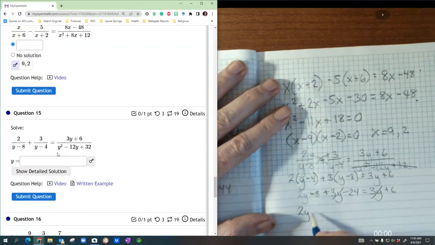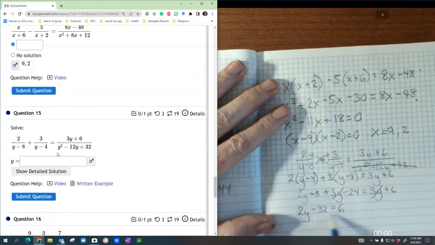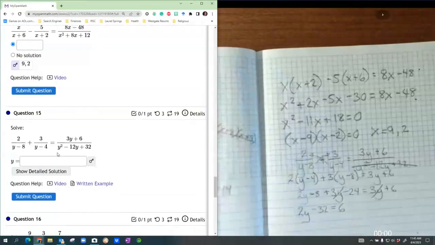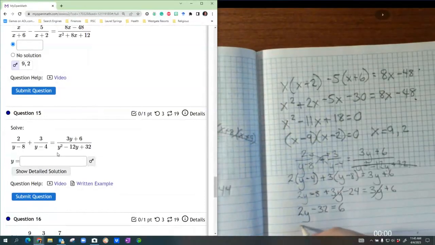So I have 2y minus 32 equals 6. I'm going to go ahead and bring this over. And then that leaves me with 32 added to 6, which is going to give me 38.